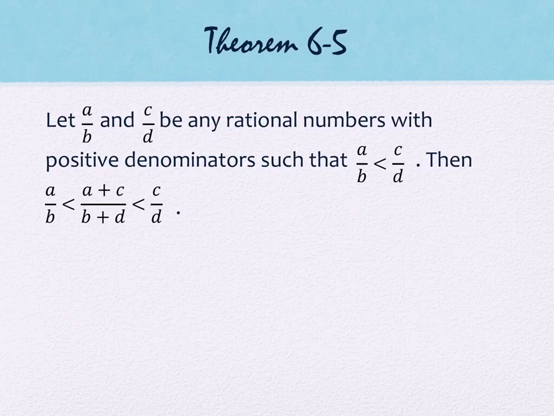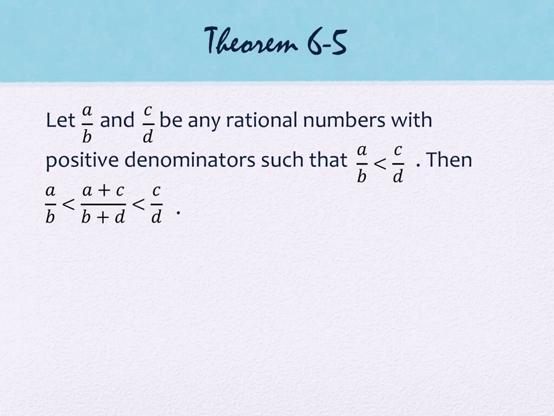Whichever number is smaller, we're going to write on the left, and whichever number is larger, we're going to write on the right. Then one number that will be between them is the number that happens when you simply add the numerators together, and you divide that by the denominators added together, which is a lot easier, usually, than adding the two numbers together and dividing by 2. Not always, but a lot of times it's very, very straightforward.